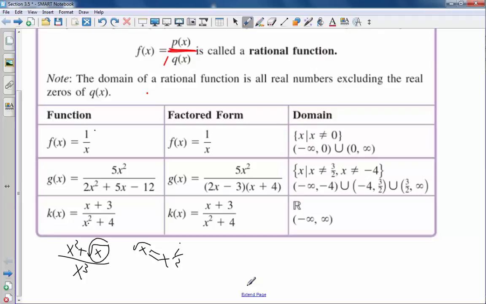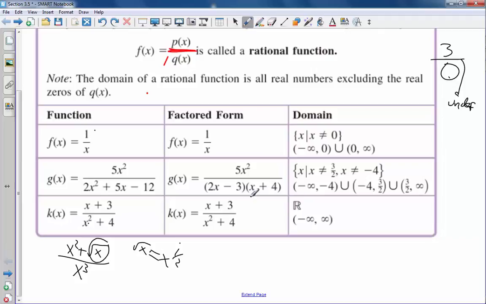If the denominator of a rational function becomes 0, like when you enter 0 here, this thing is undefined. So your rational function is blown up.